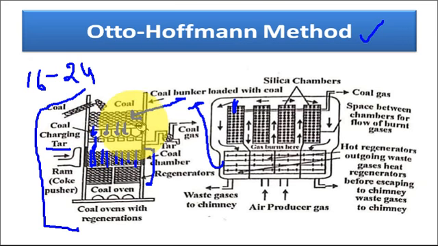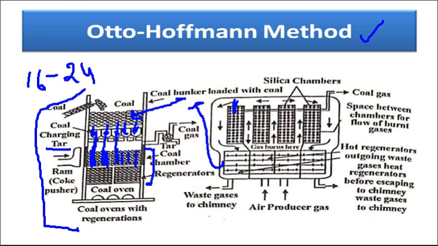Each coal charging tower is connected with the silica chambers. So the coal from the coal charging tower is now moved towards the silica chamber. These silica chambers are airtight. No air is provided in these silica chambers.